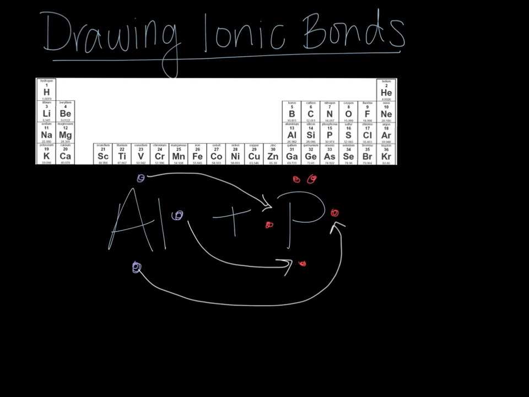So I don't have any extras, and I don't have any spaces to fill. So aluminum is going to form a +3 charge when it loses those 3 electrons, and phosphorus is going to form a -3 charge when it gains those 3 electrons. And so when I write my formula, I just put the symbols together, AlP.